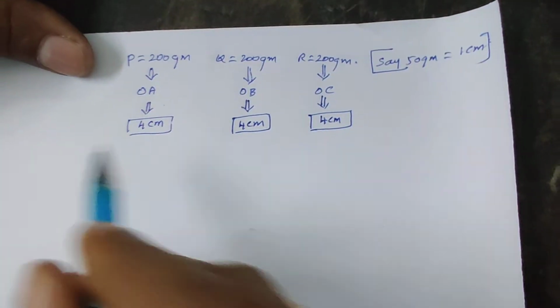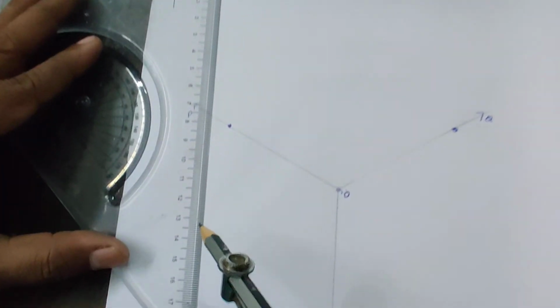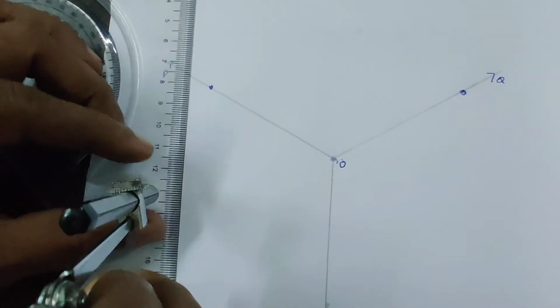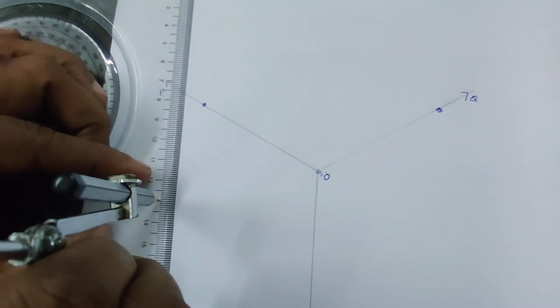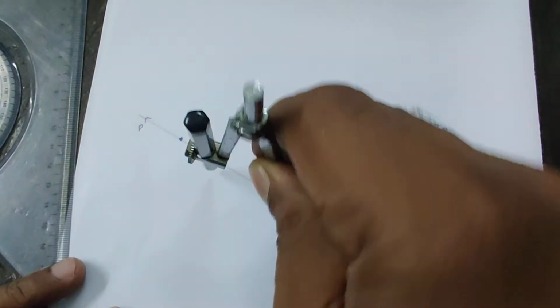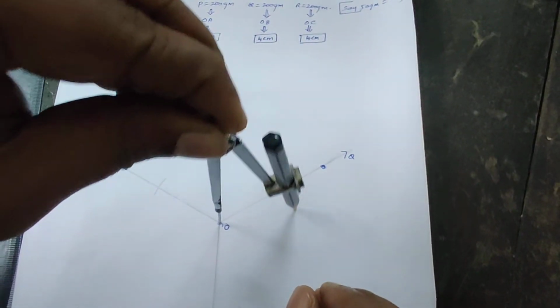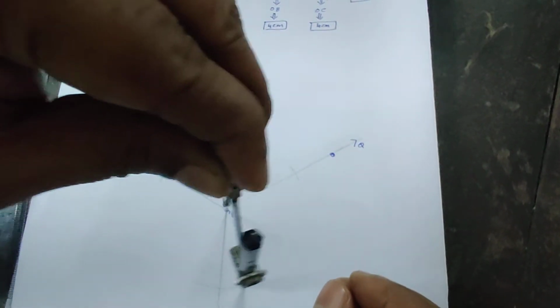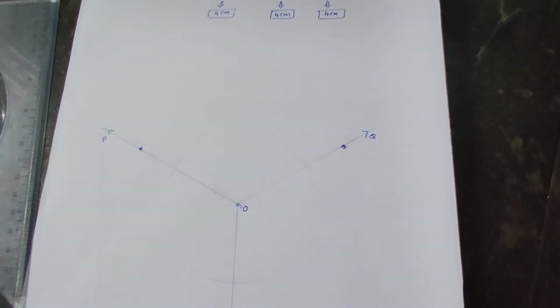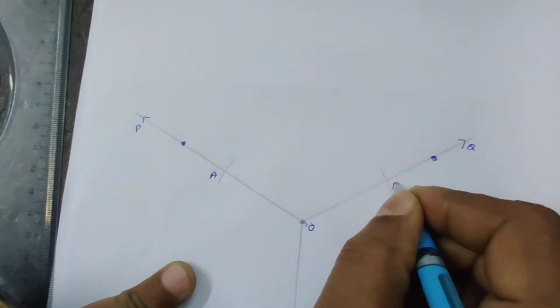So by using this data we are going to construct a parallelogram. We fix a pencil in the compass, and take 4 centimeter on the scale, like this. So with O as center, an arc is drawn in P, another arc is drawn in Q, and another arc is drawn in R. So these points are marked as OA, OB, OC.